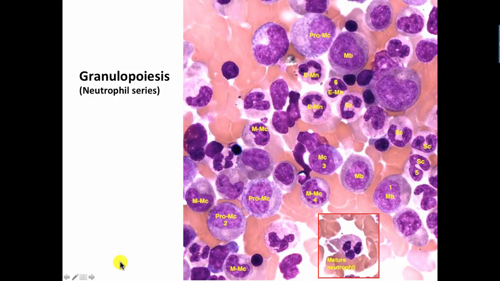Thrombopoietin is produced by the kidney and the liver, and that stimulates the division of the megakaryocyte cell lineage. Granulocyte macrophage colony stimulating factor stimulates the progenitor cells for granulocytes and the monocyte cell line. And then later on, other colony stimulating factors are required for the further development of all the lineages.